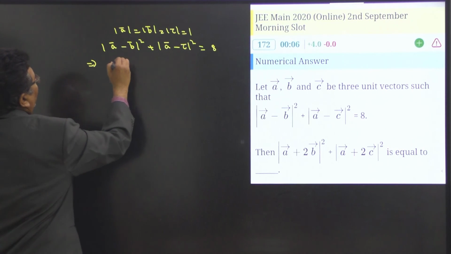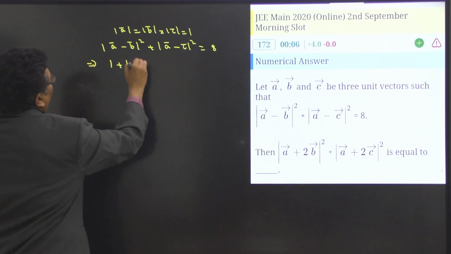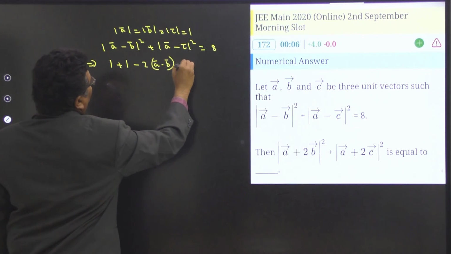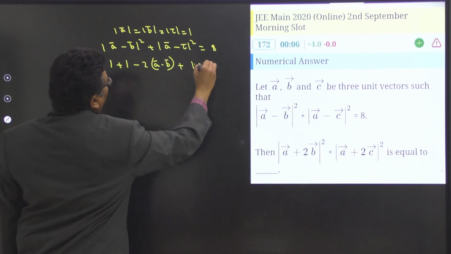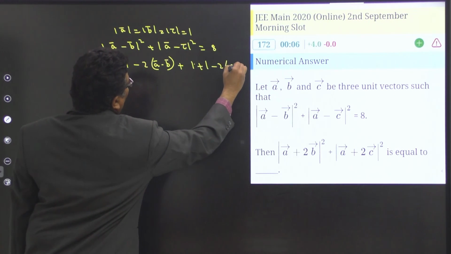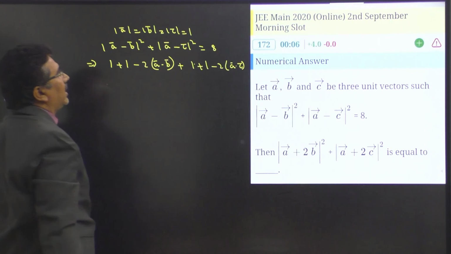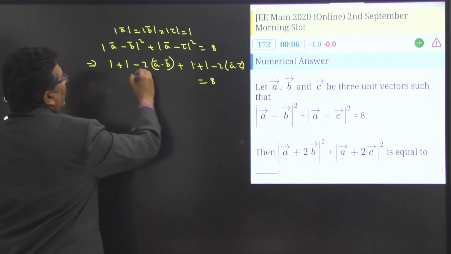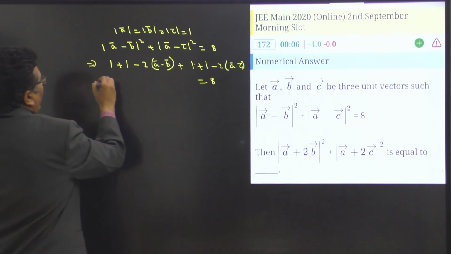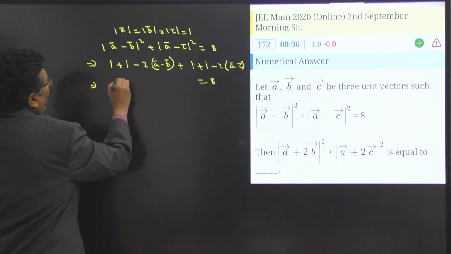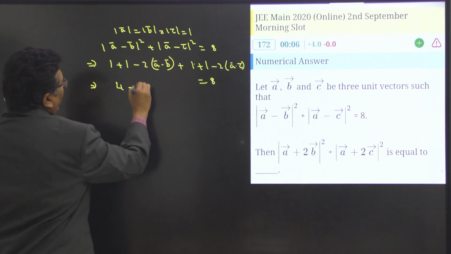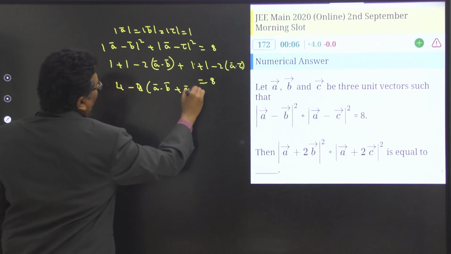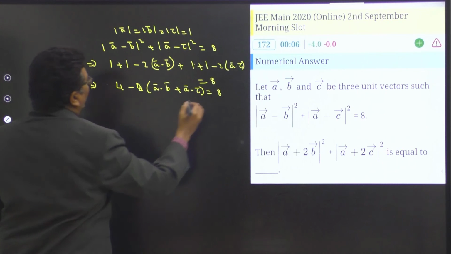That implies mod A bar square plus mod B bar square minus 2 times A bar dot B bar plus A bar square plus C bar square minus 2 times A bar dot C bar, that is equal to 8. Right? 1 plus 1 is 2, plus 1 is 3, plus 1 is 4, that implies 4 minus 2 into A bar dot B bar plus A bar dot C bar is equal to 8.